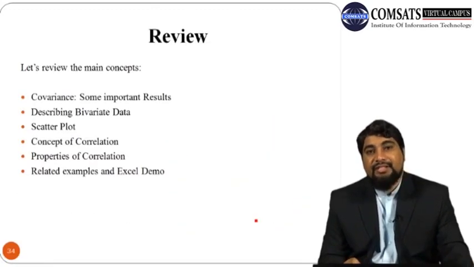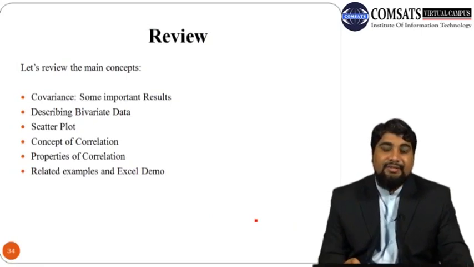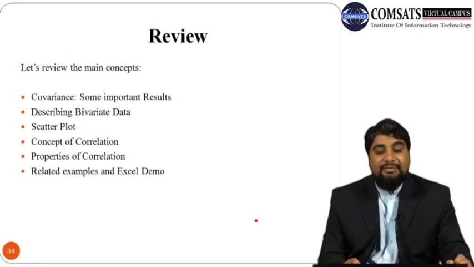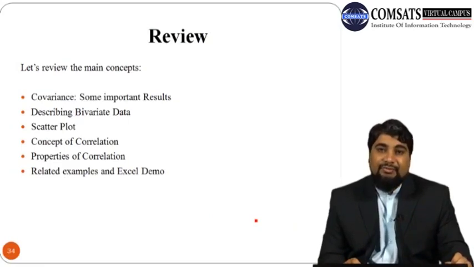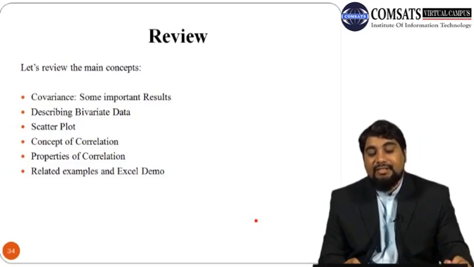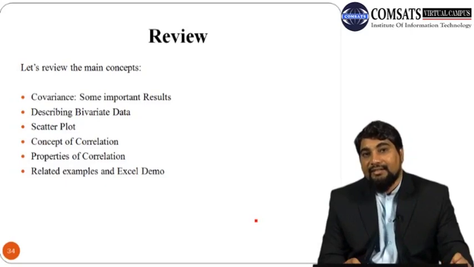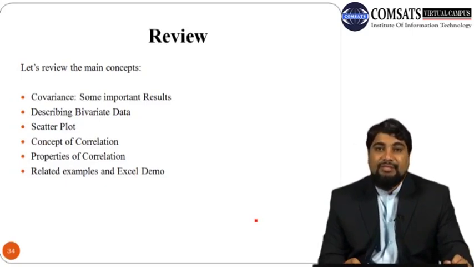Let us review the main concepts which we have discussed in today's lecture. In today's session, we have discussed the concept of covariance and how we can use the MS Excel software package to calculate covariance, and then we discussed some very important results related to the covariance between two random variables x and y.